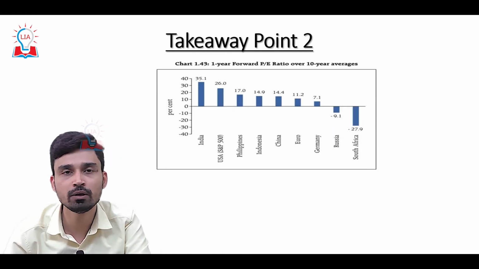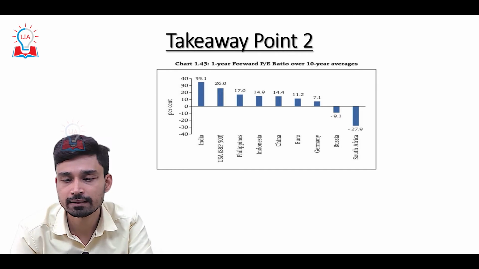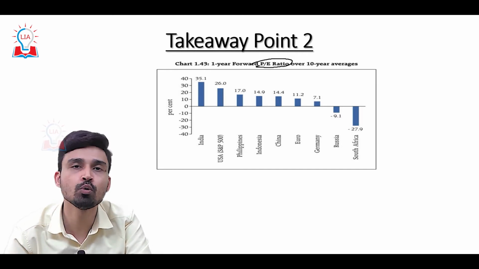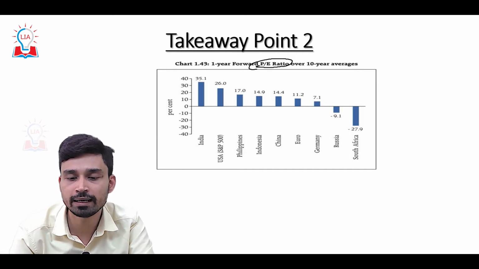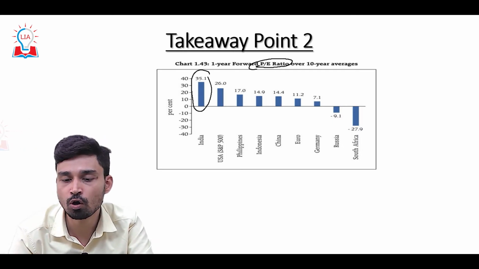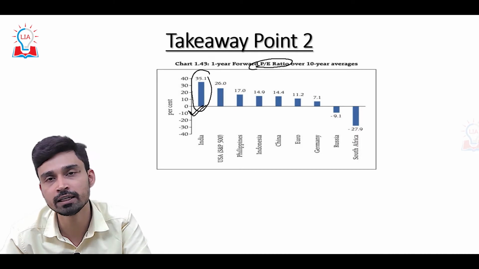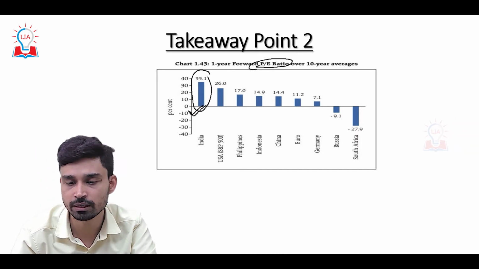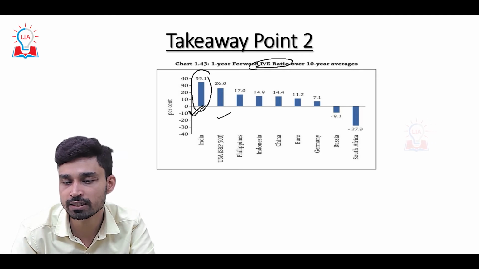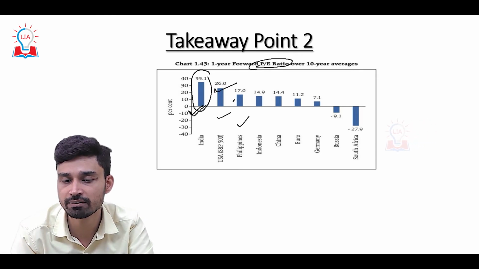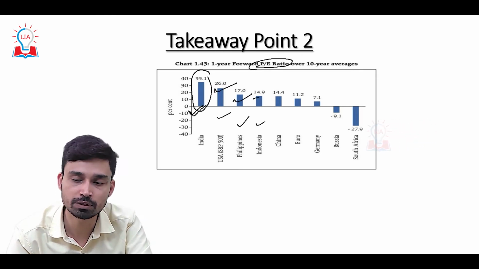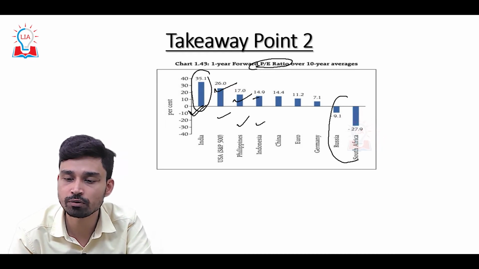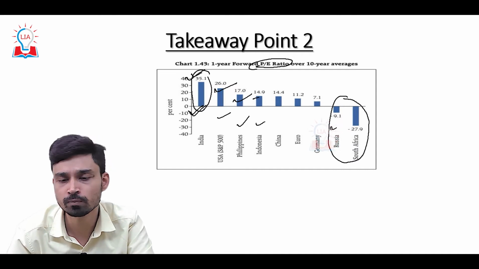To understand this point, look at the P/E ratio of the overall market: it is at a historical high, especially in the last 10-year period, and India has the highest P/E ratio as far as its equity market is concerned. If you look at other countries, USA is 26, Philippines only 17, Indonesia 14.9, and in some countries like Russia and South Africa it is even in negative territory. However, India has a very strong P/E ratio.